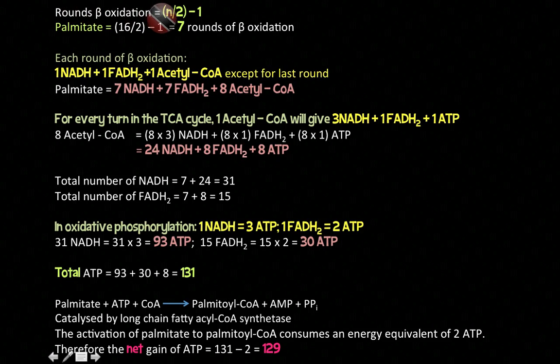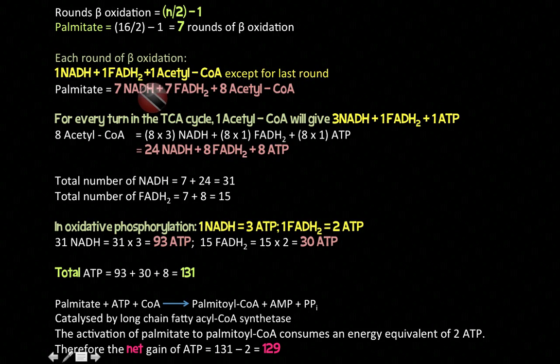So you show the general formula for the rounds of beta oxidation, n over 2 minus 1. And as I said before, for palmitate, N is 16, the number of carbons. So you get 7 rounds of beta oxidation. Each round of beta oxidation will give us 1 NADH, 1 FADH2, and 1 acetyl-CoA, except for the last round. So for palmitate, we get 7 NADH, 7 FADH2, and 8 acetyl-CoA.